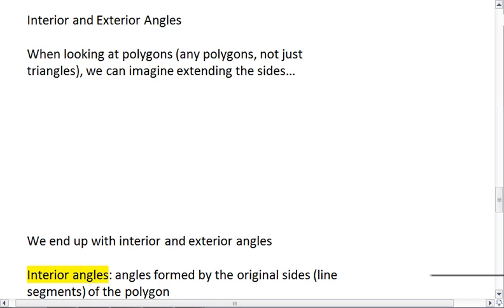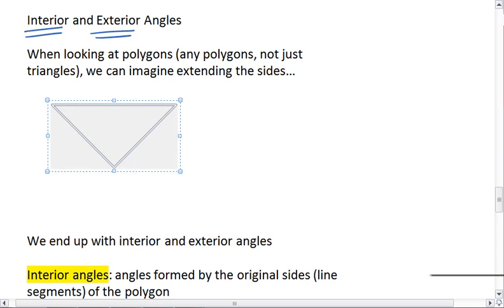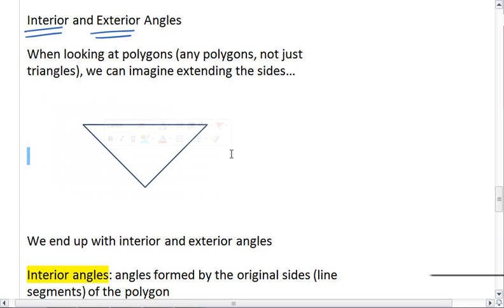Before we move on to our next theorem, however, we do need to address interior and exterior angles. So when we are looking at a polygon, and this applies to any polygon, not just triangles, we can extend the sides and turn our line segments into lines.